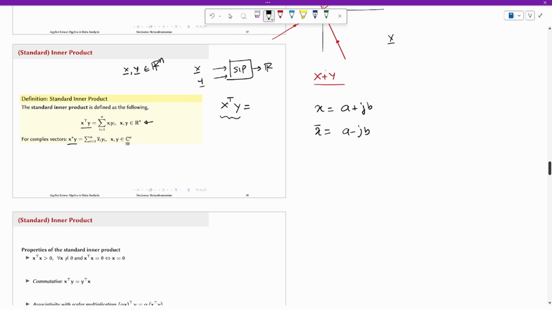You can maybe just do one example and tell me what the inner products are. What is x transpose y? What is the inner product?